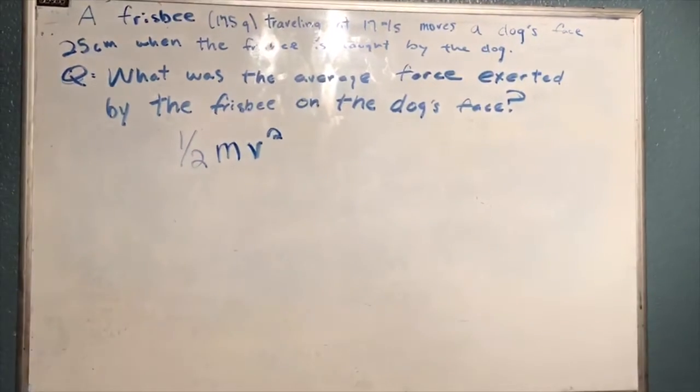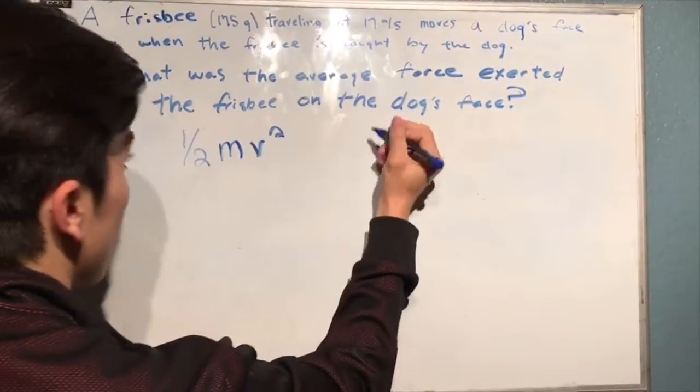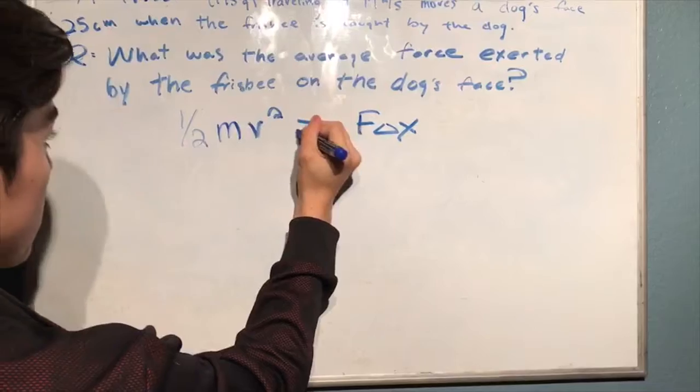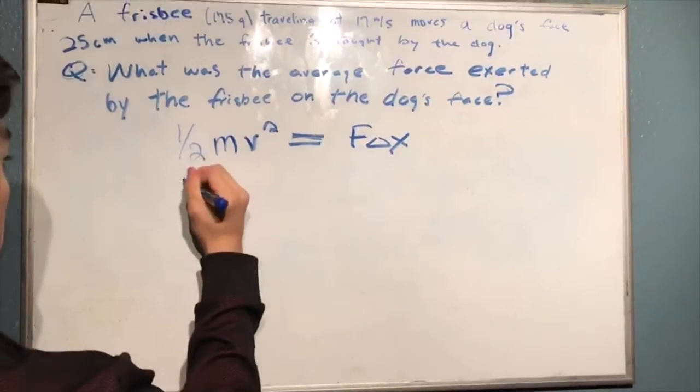And then we can also put in the work equation because we're trying to find force. And we can set these two equal to each other because of the law of conservation of energy. And then from here you just plug and chug.